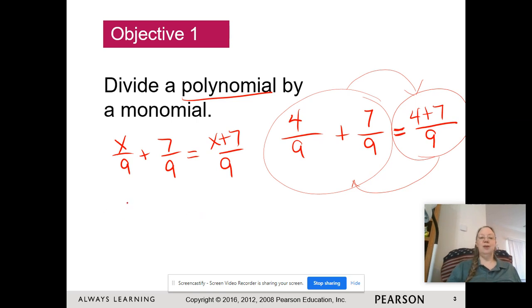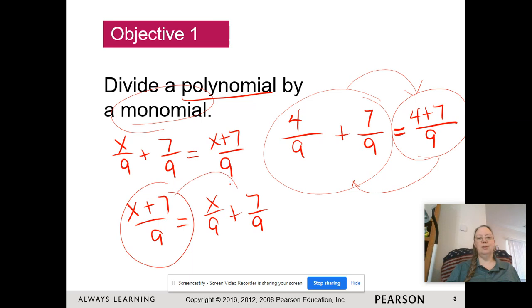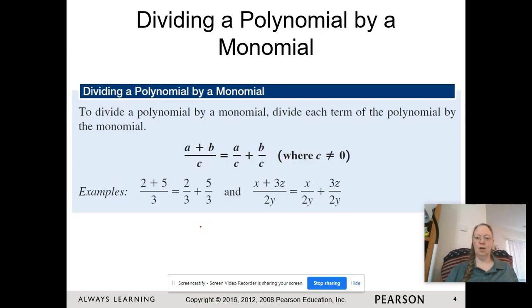Or if I started out with x plus 7 over 9, I could write that as x over 9 plus 7 over 9. Dividing by a monomial basically is doing this. This is why we do what we do: it's literally just adding fractions, going in the opposite direction.